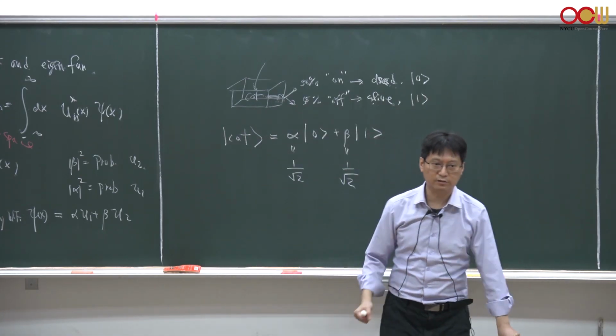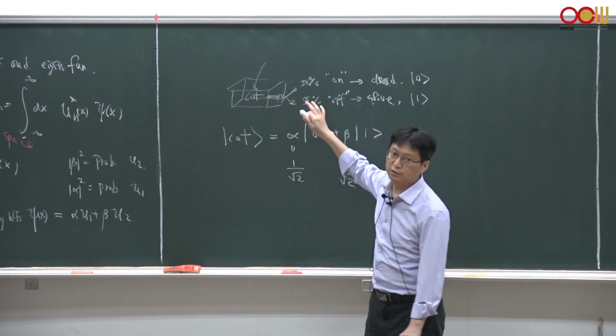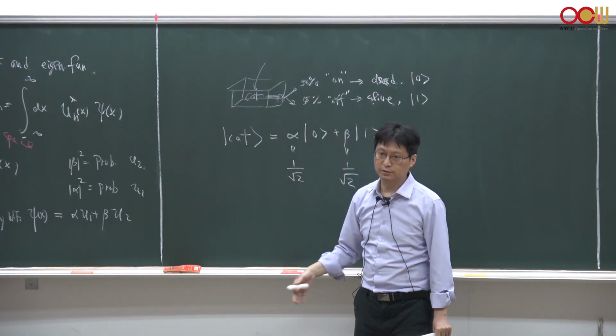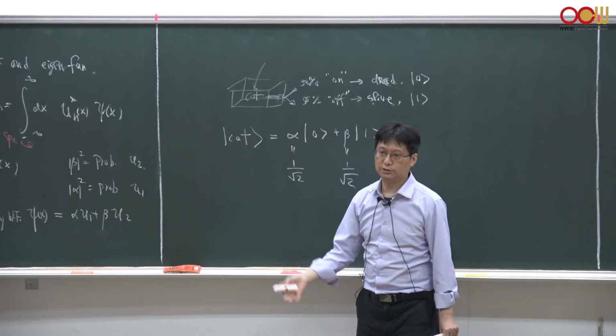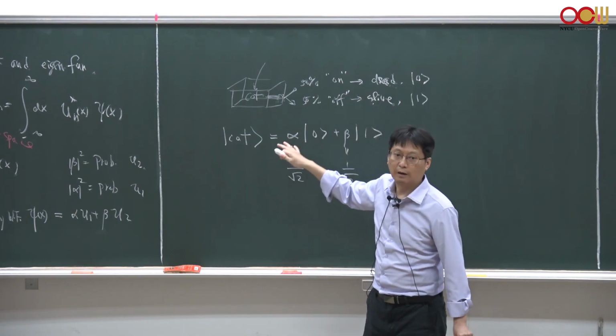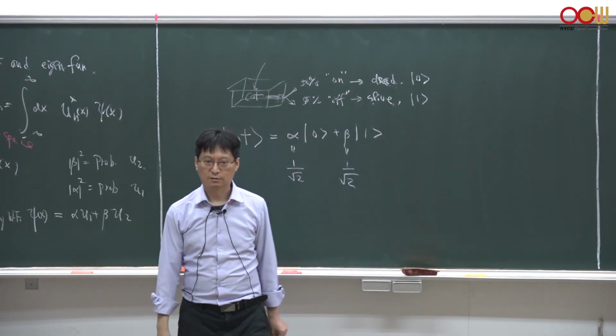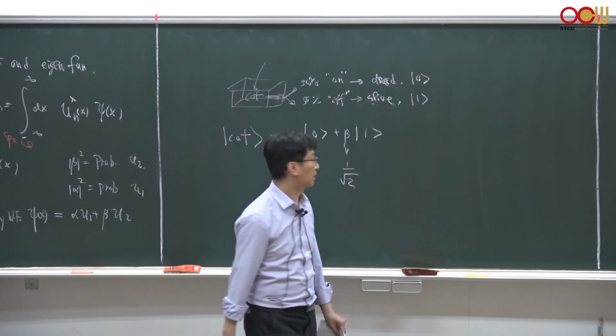So this is what I call the arbitrary quantum state. Of course, we can design a different partition of this probability, 40%, 60%, whatever percentage you like. So you can construct arbitrary combinations of alive and dead states of the cat before you open up the box.